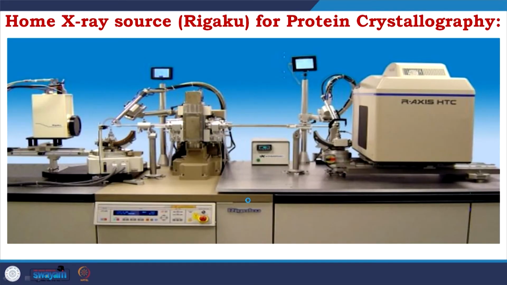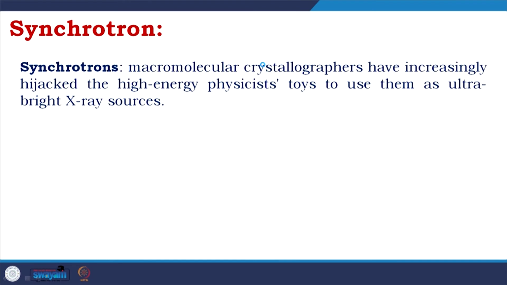This is the home source from Roorkee for protein crystallography. You can see that here is the detector and here you could put the crystal. Here is the camera where you see the crystal and you can align it. But I talked about home sources being a relatively recent development.